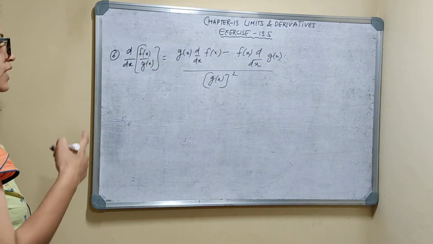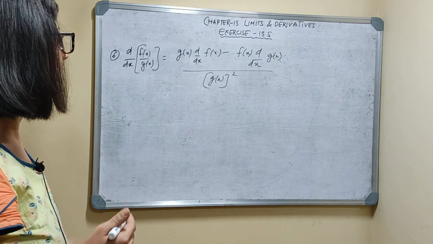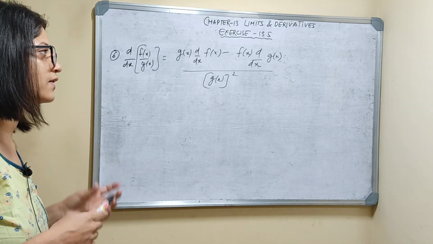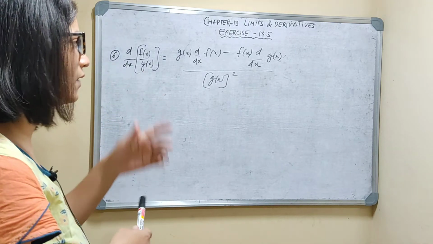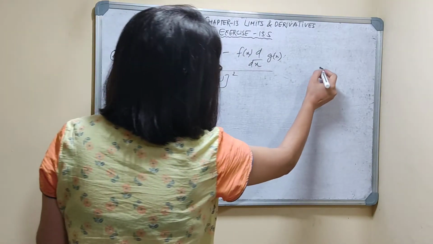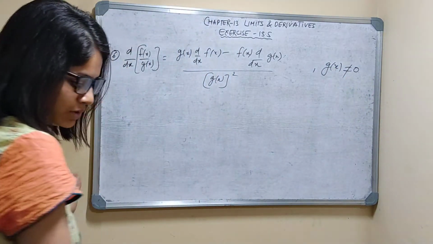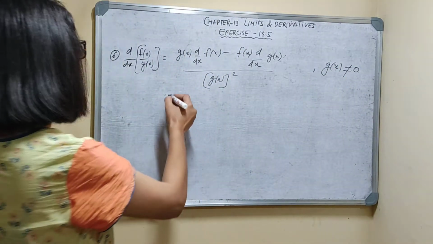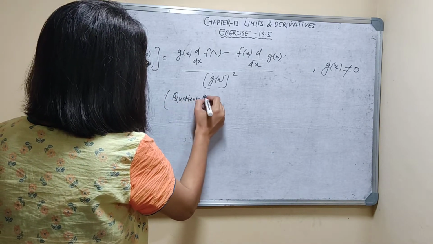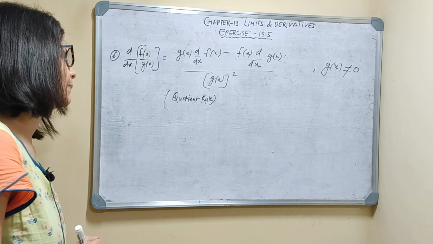One function is f(x), the other function is g(x). So first you write g(x) d by dx of f(x) minus f(x) d by dx of g(x), upon g(x) whole square, where the condition is g(x) is not equal to 0. It can't be equal to 0. This is called the quotient rule. Is it clear?